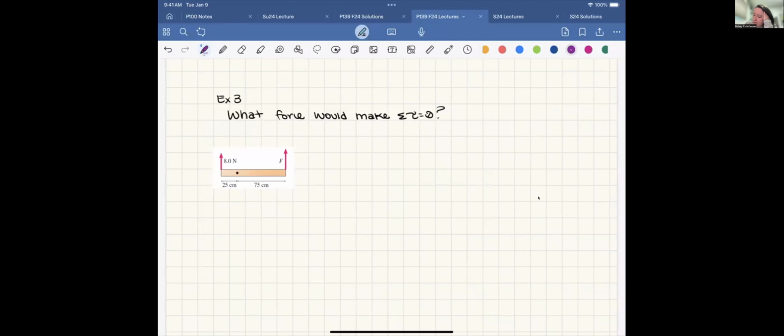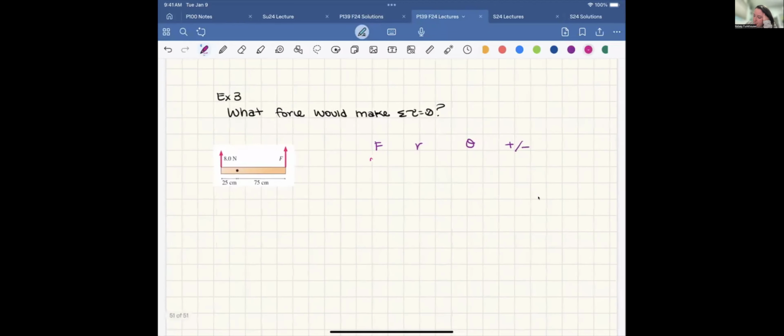So let's do our torque table still, F, R, theta, and I'll just say plus or minus. So 8 newtons, 25 centimeters or 0.25 meters. And we can look and see that both of these are 90 degrees between our radial line and our forces. So 90 degrees, 90 degrees.